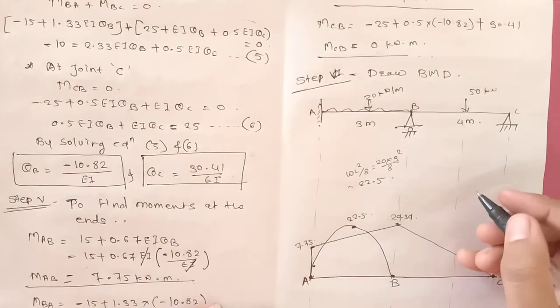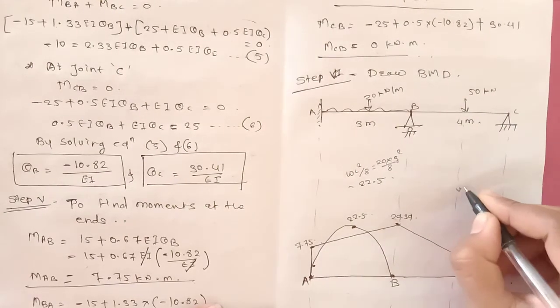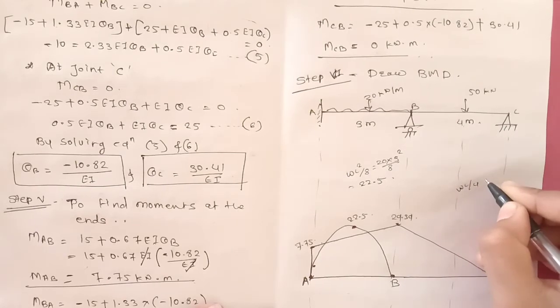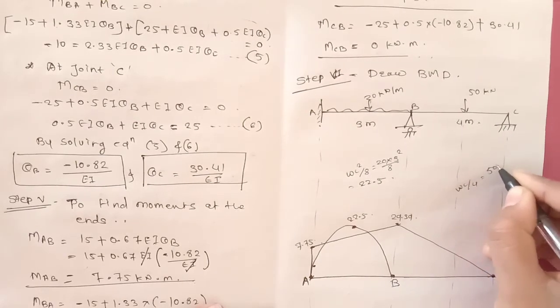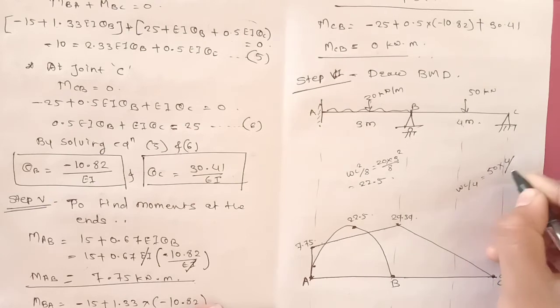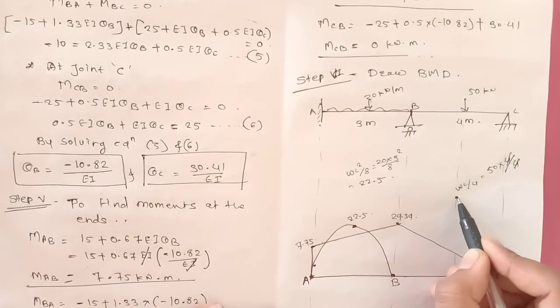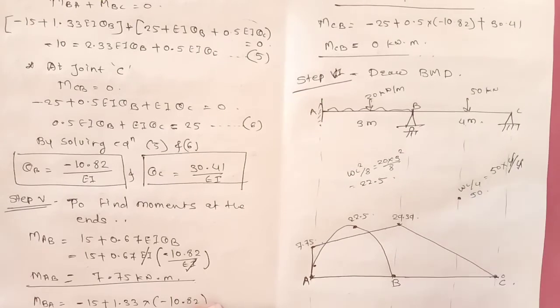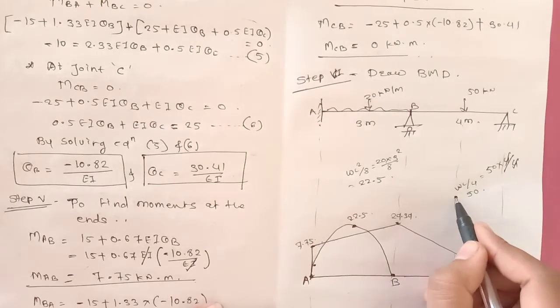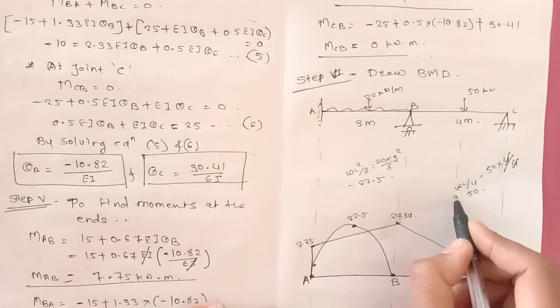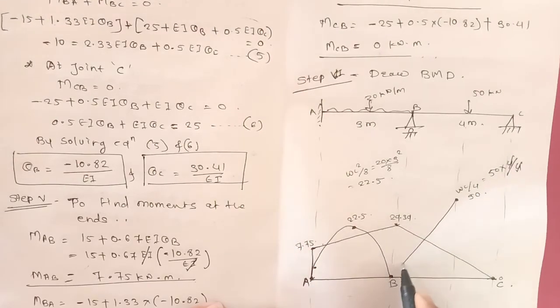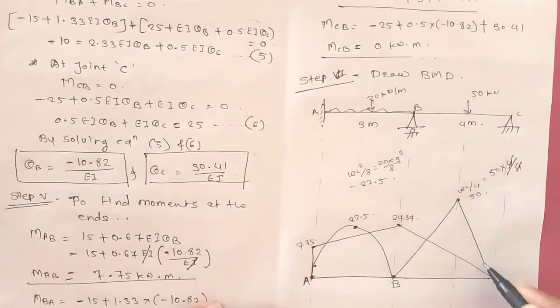And then next, over this BC member there is a 50 kilonewton point load. So the formula is WL by 4. Here W is 50, length is 4, divided by 4, so the 4 gets cancelled. So the value is 50 kilonewton meter. So take here this point, 50 kilonewton meter, and the diagram is like that.